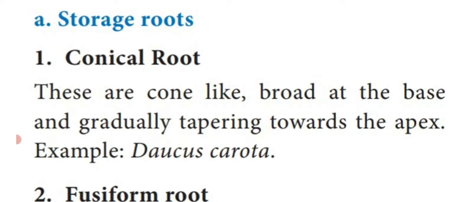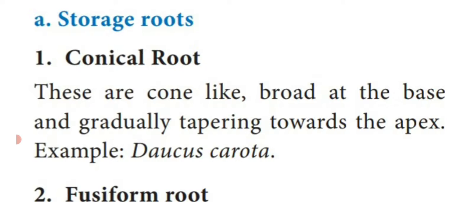First one, conical root. The shape of the root looks like a cone, like an ice cream cone. The basal portion is broad and as it grows towards the tip region, it is tapering. Tapering means gradually decreasing in width.